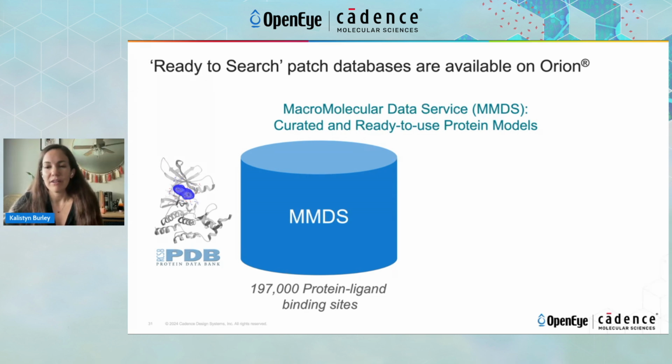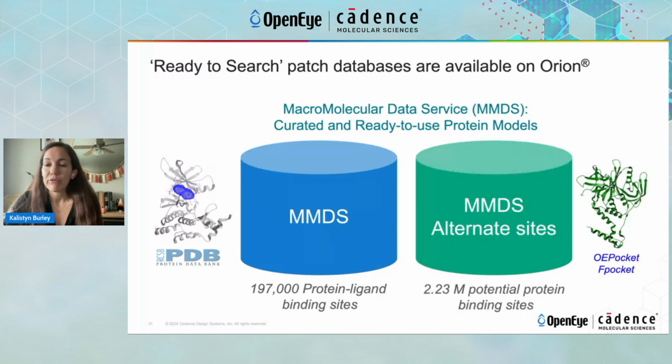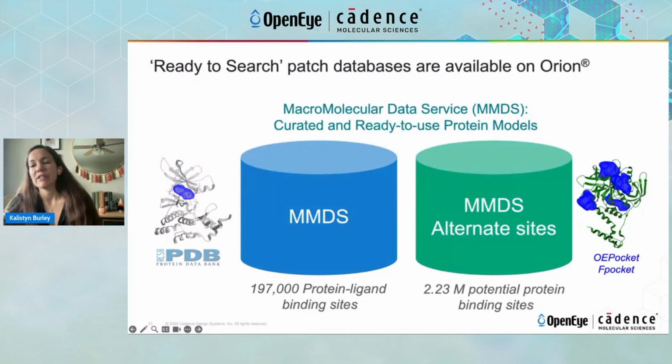We also offer, if you license our Orion platform, access to alternate sites. This comprises over 2 million putative binding sites. These are sites for which there aren't necessarily ligands, but we've used OE pocket or Fpocket to identify potential cavities across the surface that might comprise pockets.